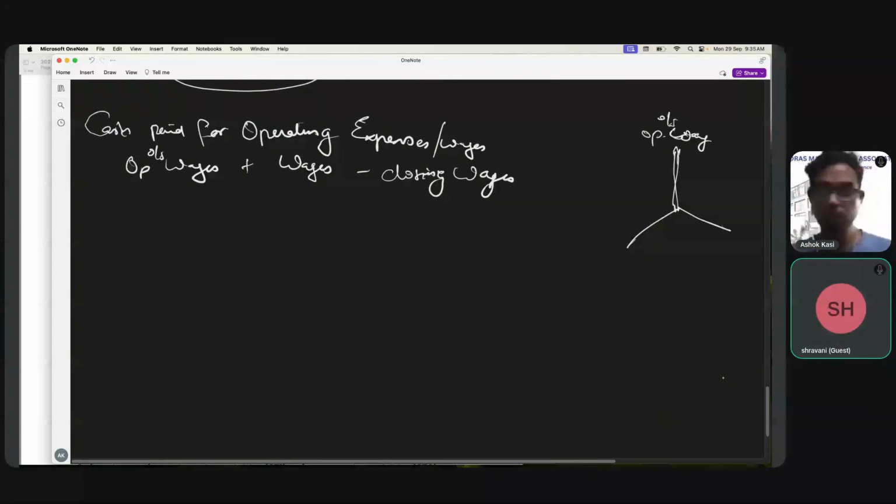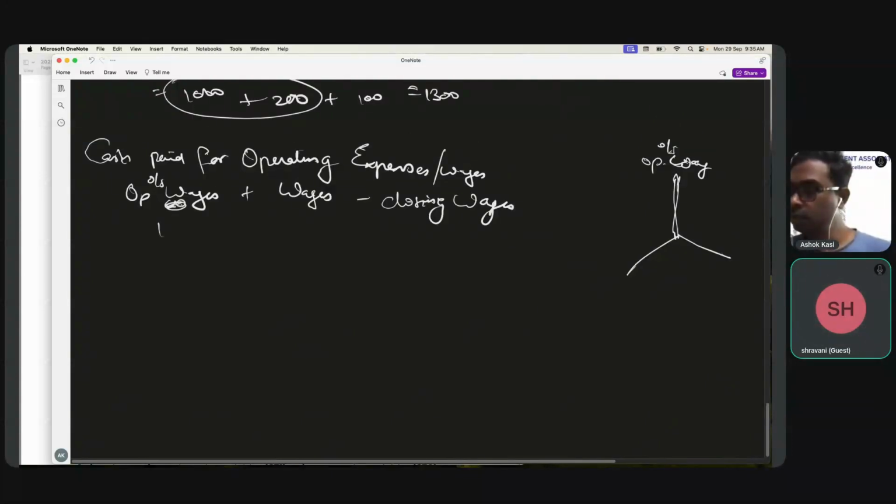Okay, so this one I'll write again. Cash paid for operating expenses. So let's say opening amount 1000, then plus wages. Wages means this year expenses. Wages expenses is 700. So total became 1700.